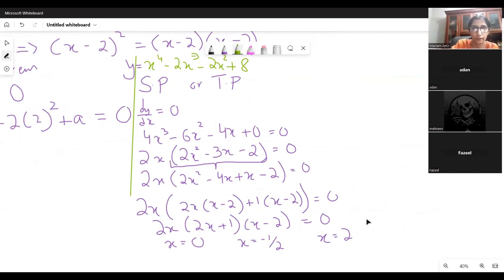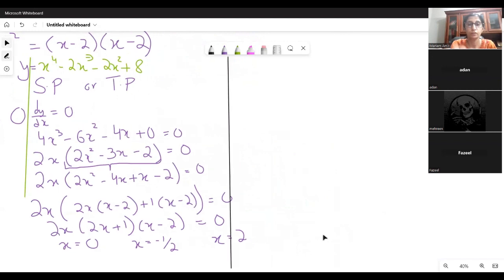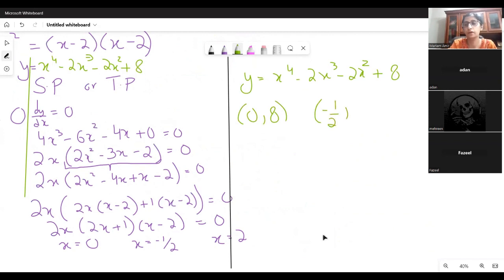Okay, so y is equal to x^4 minus 2x cubed minus 2x square plus 8. So when x is 0, y is 8. When x is minus half, please tell me the value of y. And similarly, when x is 2, give me the value of y.